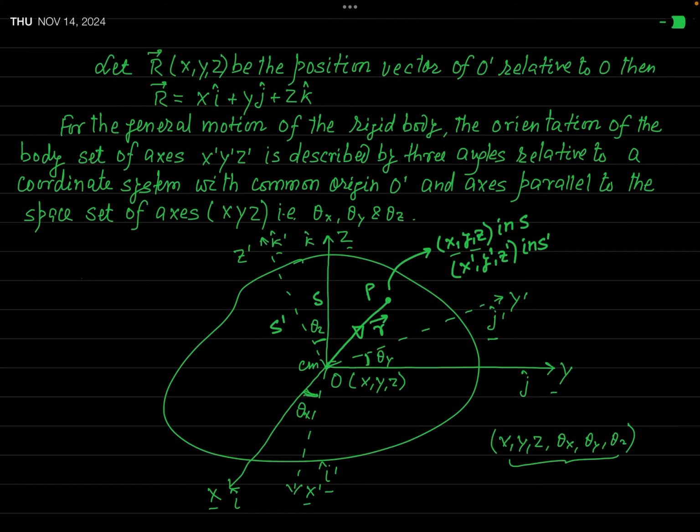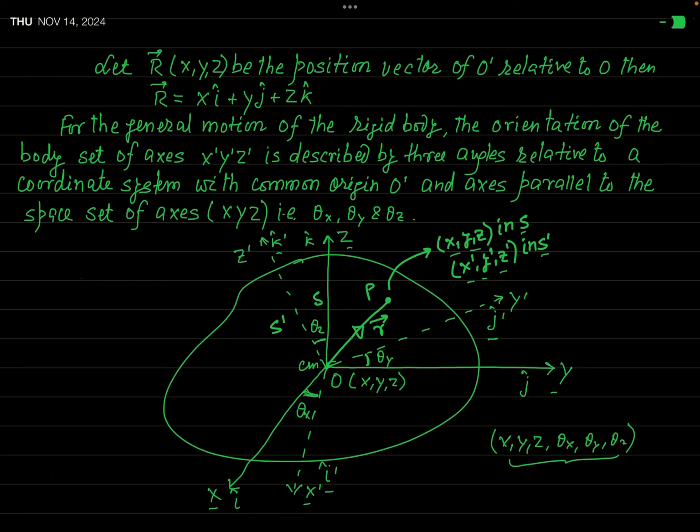So I have marked here that these x, y, z are the position coordinates of point P in frame S, and x prime, y prime and z prime are the coordinates of the same point P in frame S dashed. Now our aim is to find x prime, y prime, z prime if we know x, y, z.